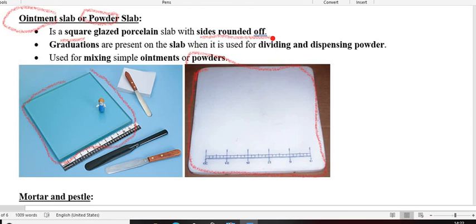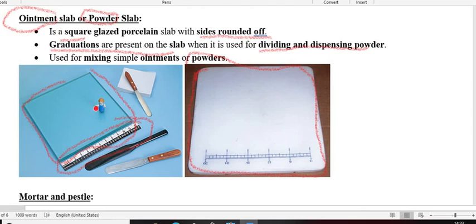When you are dispensing an accurate quantity, the slab has graduation present. With the help of the graduation, you divide the dose of the powder or any preparation.